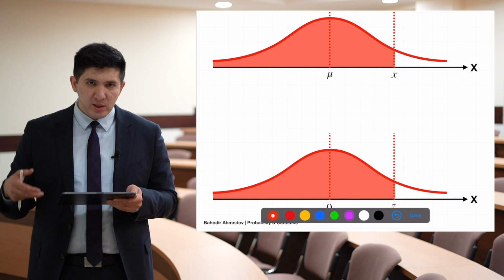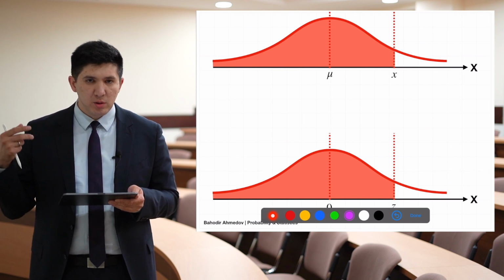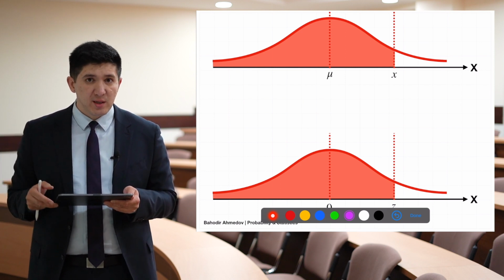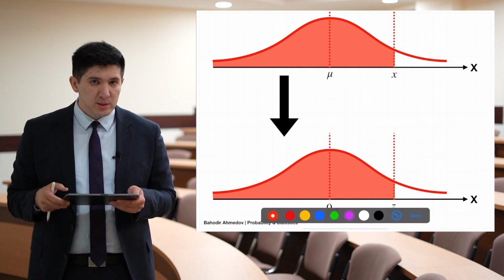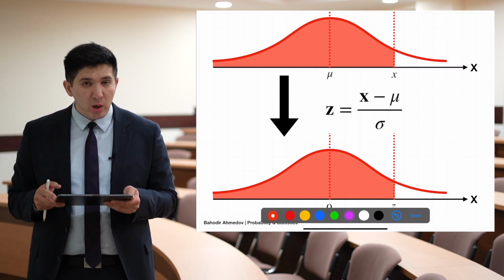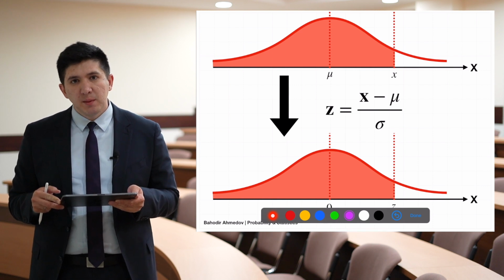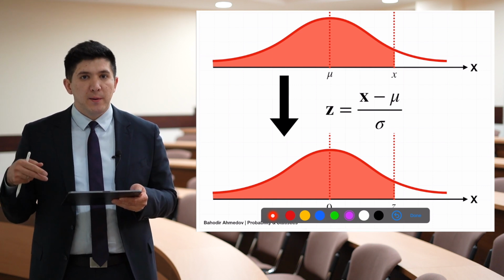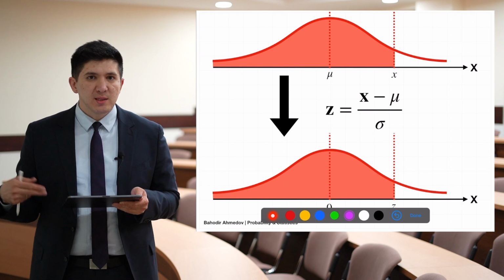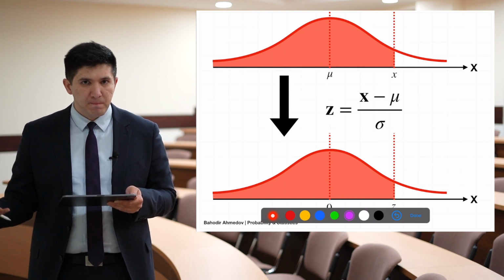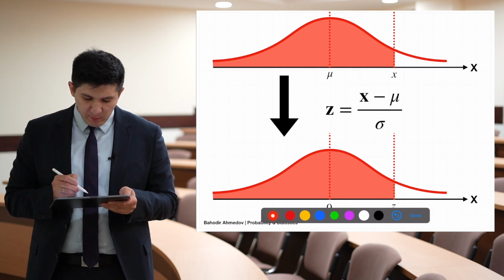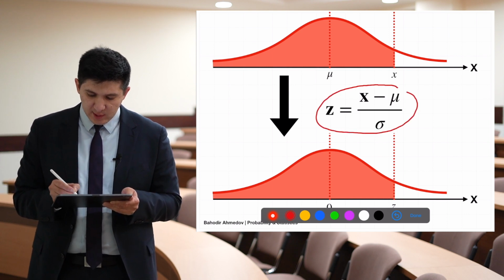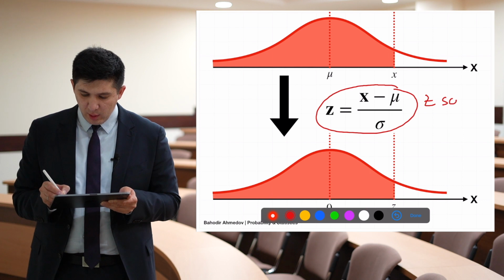If you're given the normal distribution with mean mu and standard deviation sigma, then its corresponding standard score, or z-score as we call it, is obtained by subtracting the mean from x and dividing by sigma. I'm going to explain this in a moment, so just remember this formula. This is called the z-score.